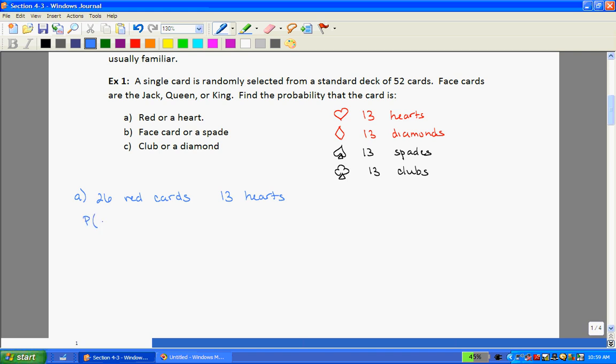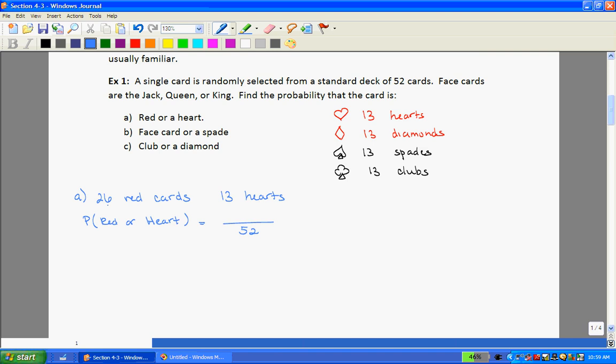So for the probability of red or heart, we already know that the denominator is going to be 52 because there's 52 cards. Well, our concern though with the numerator is, is it 26 plus 13, or is there something else I need to take into consideration?